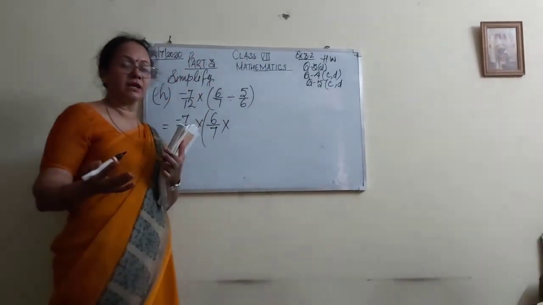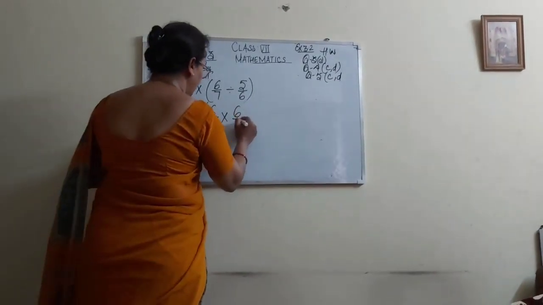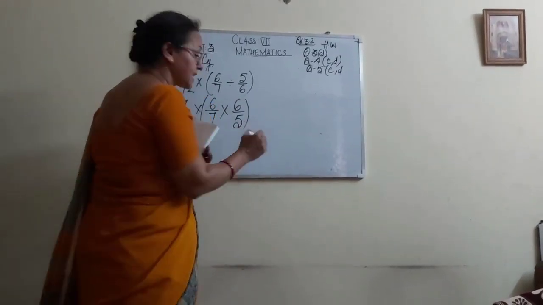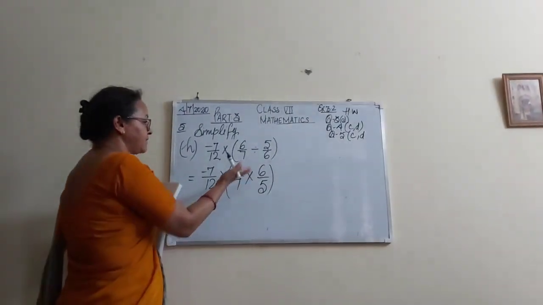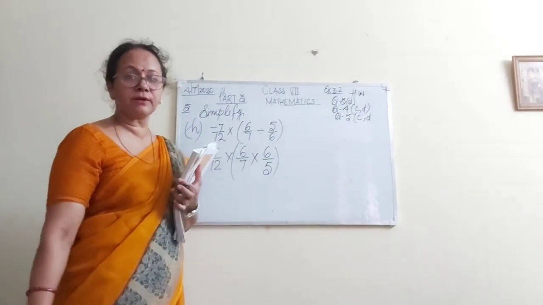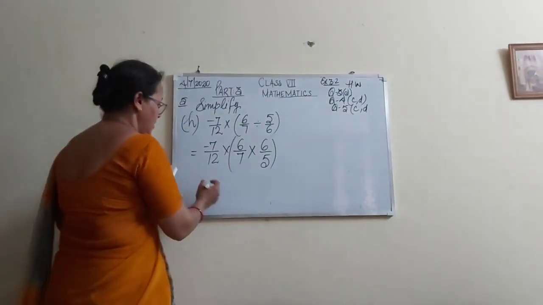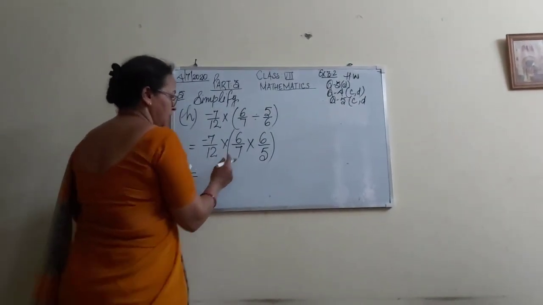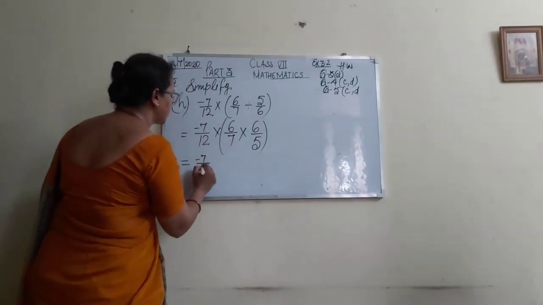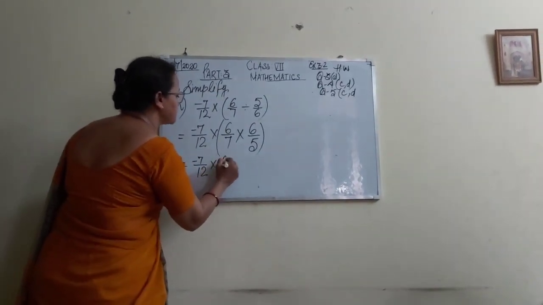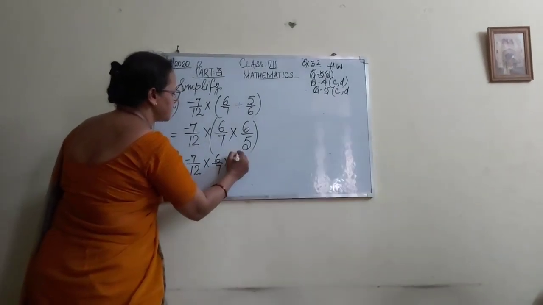What will it be? 6 by 5. Exactly opposite. Whatever is in the numerator comes into the denominator, and whatever is in the denominator goes into the numerator. Nothing will be cancelled out. So we are opening the bracket: minus 7 by 12 into 6 by 7 into 6 by 5.